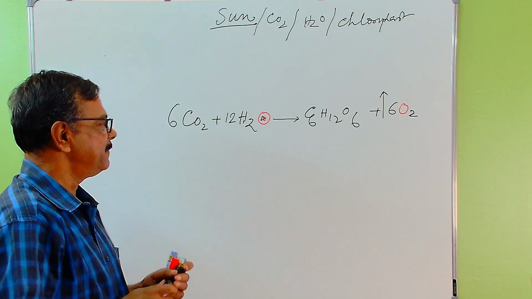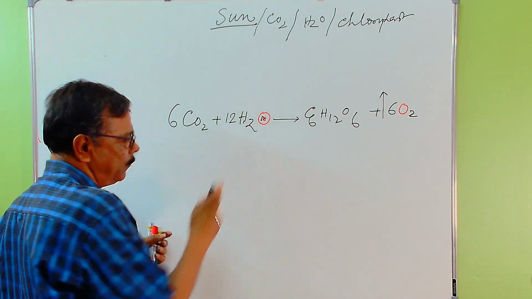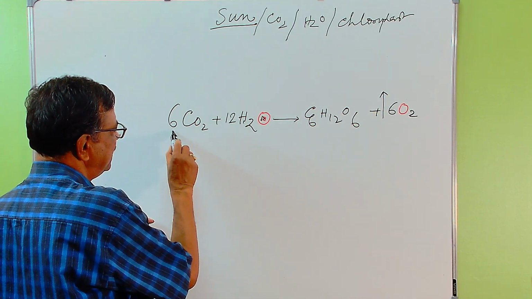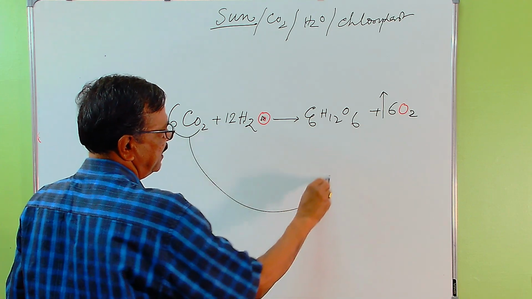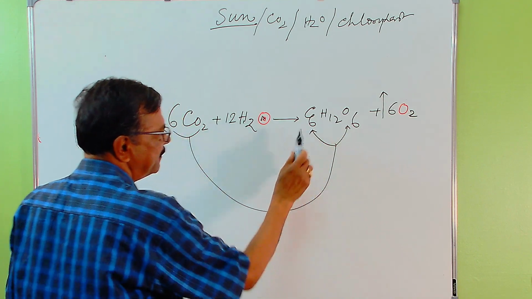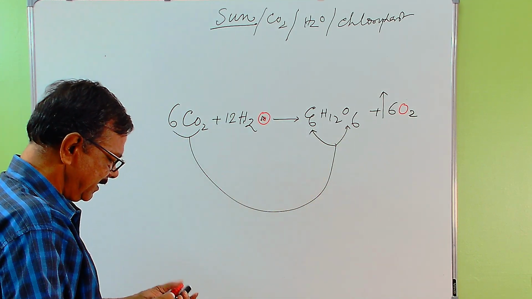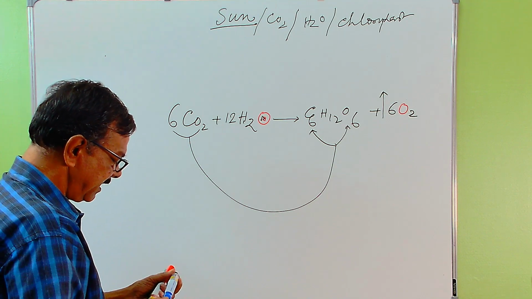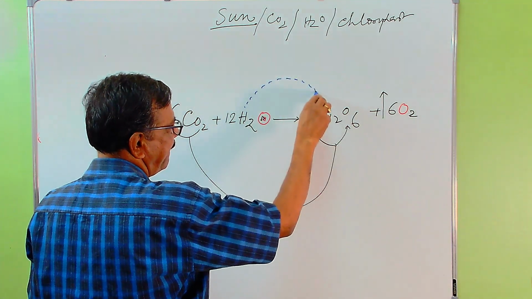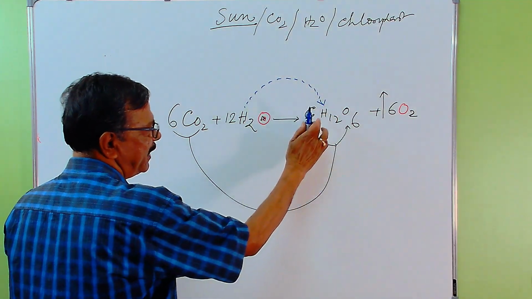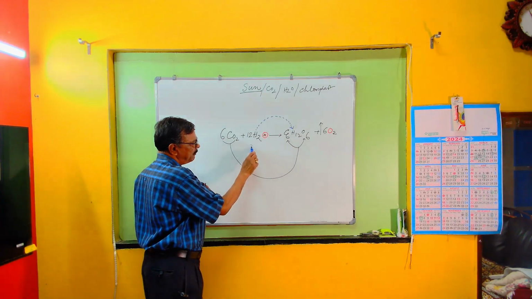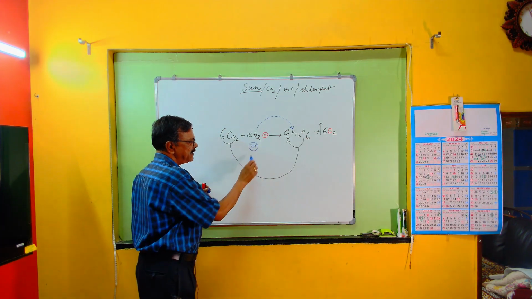Again, you will see 12 H2. That is how much H2 is required here for CO2 reduction? CO2 is here. This is C. This is O2. This hydrogen is coming from here itself. So how many H are there? 12 times 2 is 24 H is there.